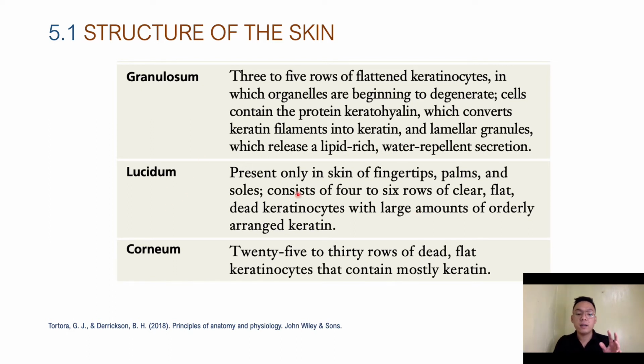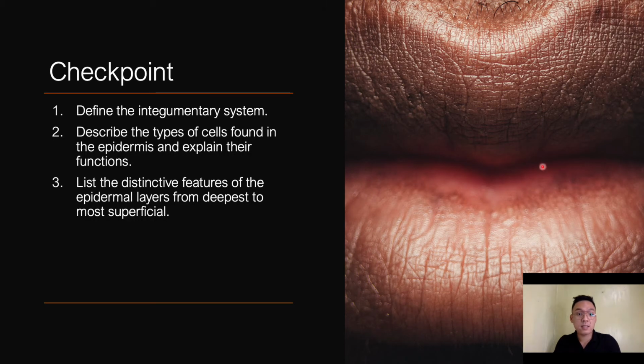And to discuss more on the differences between the thick and the thin skin, we will be comparing and contrasting these two in the future slides. And on the superficial part, the corneum, which is 25 to 30 rows of dead flat keratinocytes that contain mostly keratin.